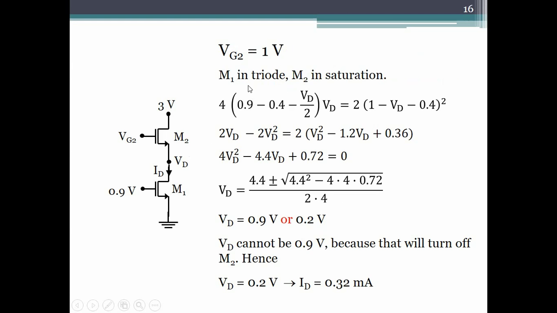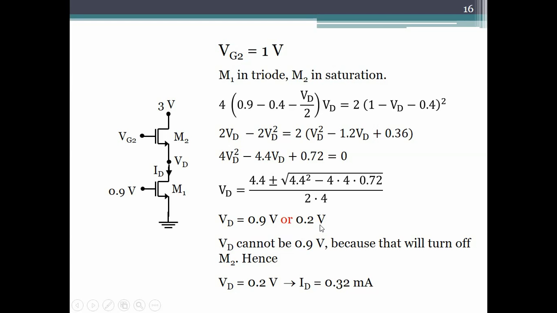So we write the equations, M1 in triode, M2 in saturation, and the two currents are of course always equal. They are connected in series. So this is the triode region equation for M1, the saturation region equation for M2. The only unknown is VD, and so we can solve for VD. VD turns out to be 0.9 or 0.2 volts. VG2 is 1 volt. VD cannot be 0.9 because that will turn M2 off.